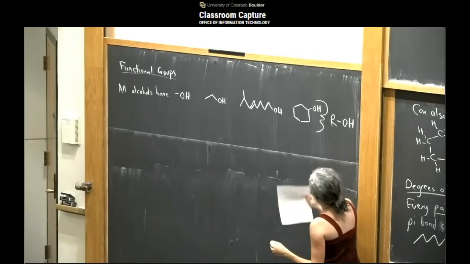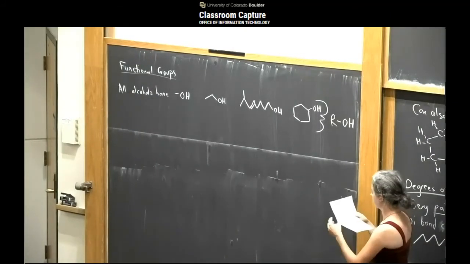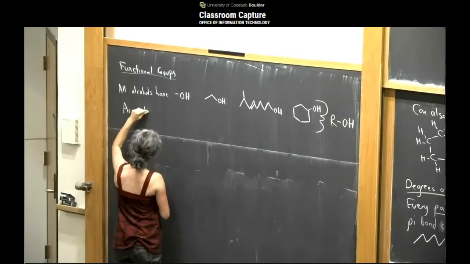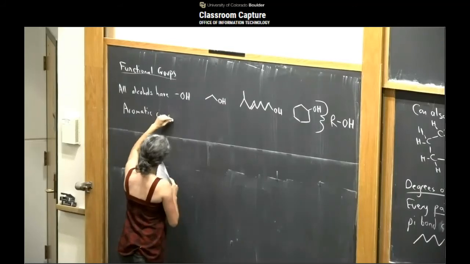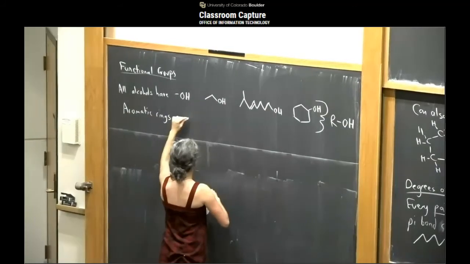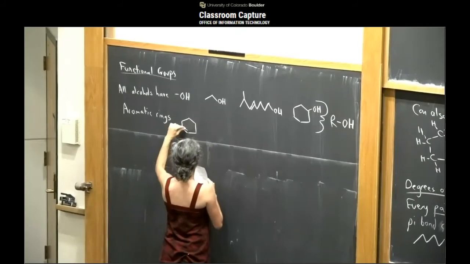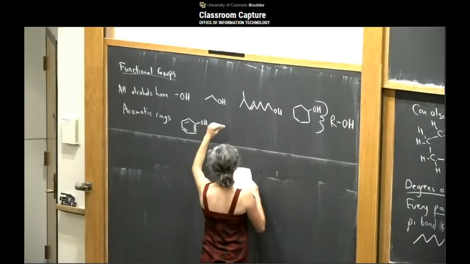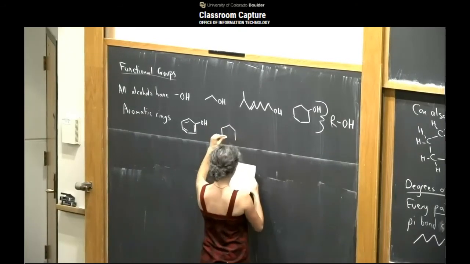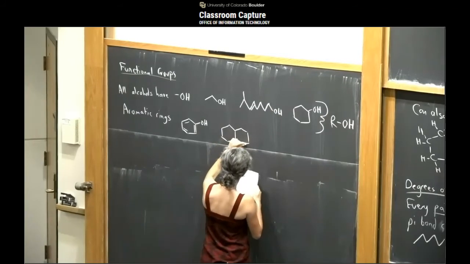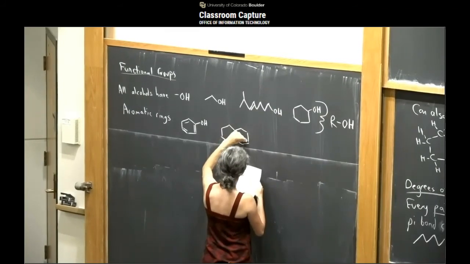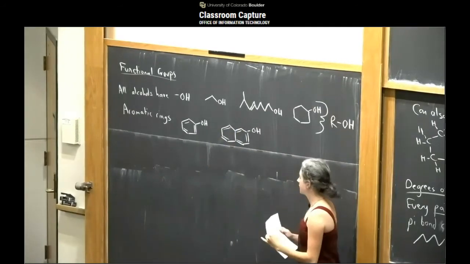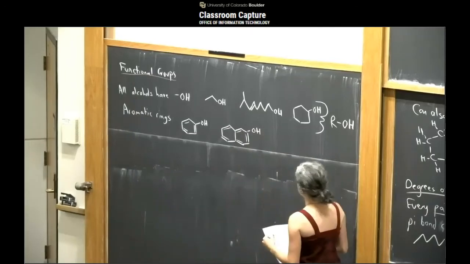The one thing that might get its own abbreviation, depending on what we're looking at, is aromatic rings. These actually do react differently from alcohols. And so that might include things like this, basically anything with this six-membered double and single bond pattern.